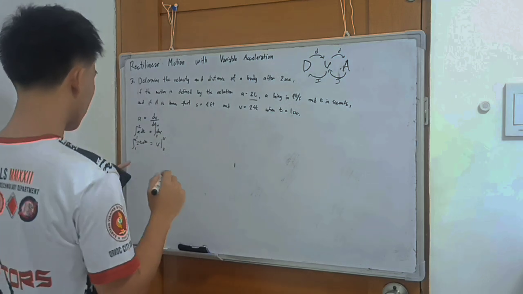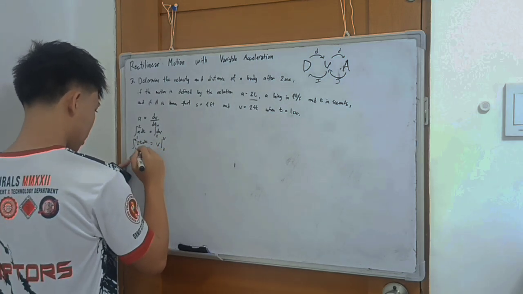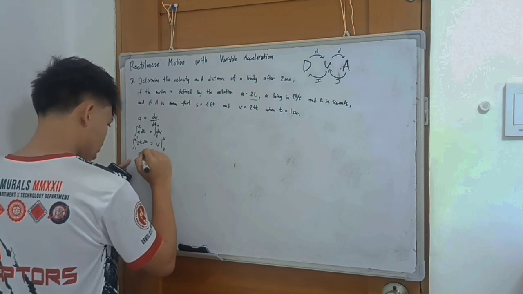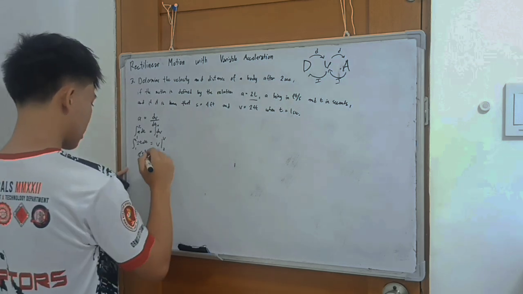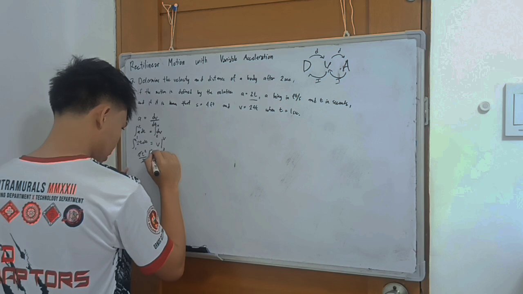We can integrate it into 2t squared over 2, the 2s cancel, with limits t and 1.